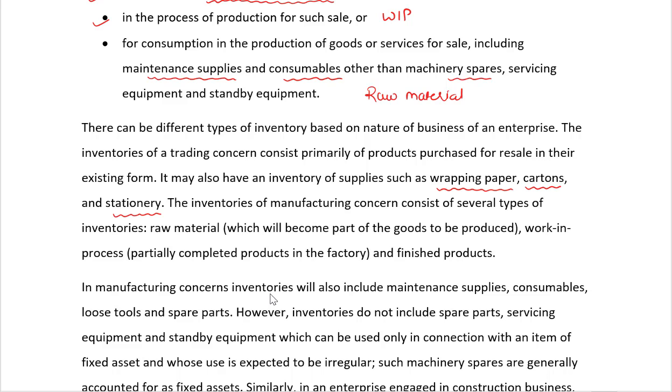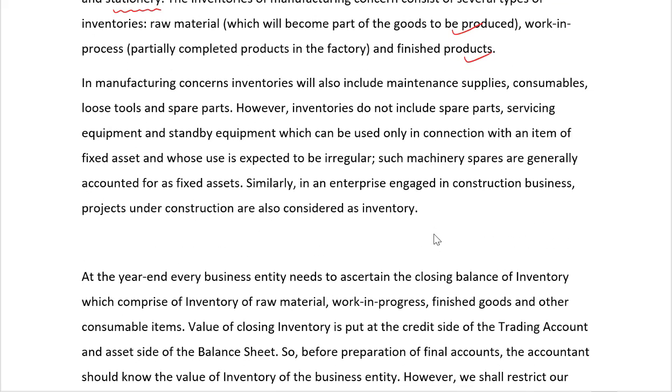The inventories of a manufacturing concern consist of several types of inventories: raw materials which will become a part of goods to be produced, work in progress, partially completed products in the factory, and finished goods. So basically we can say that the inventories are of three types: inventory of raw material, inventory of work in progress, inventory of finished goods.